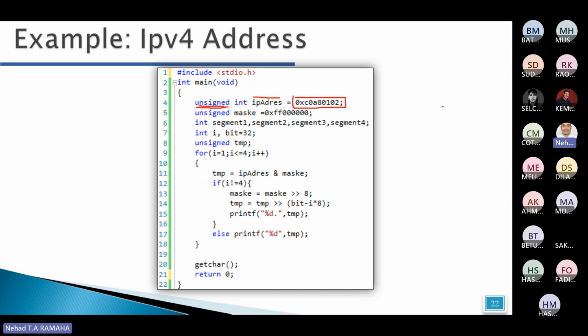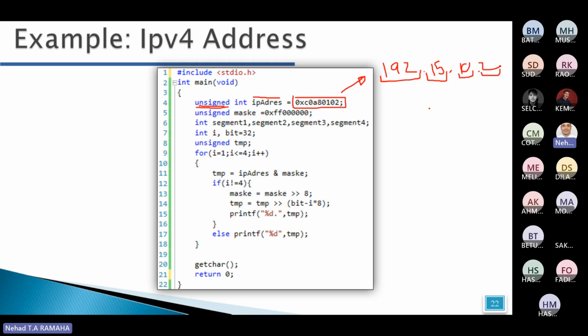The idea is that this IP address in hexadecimal, we need to print it as 4 segments, for example, 192.15.10.2. So we have to print it as segments like this.